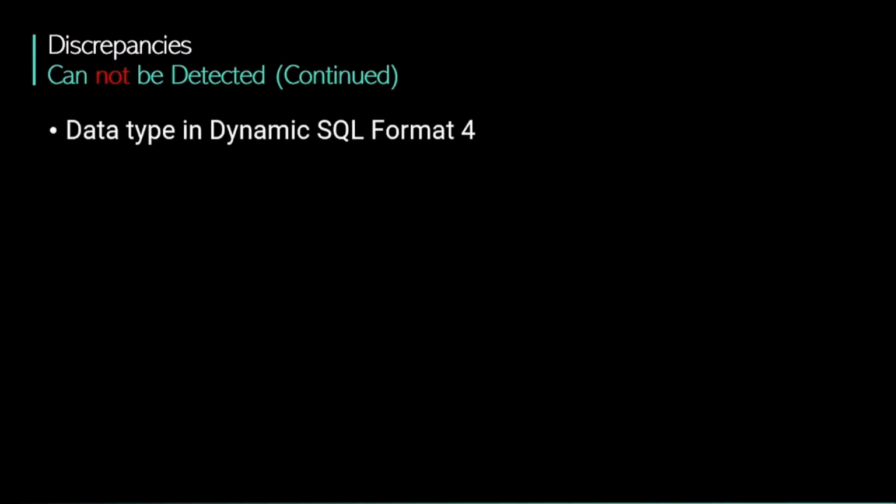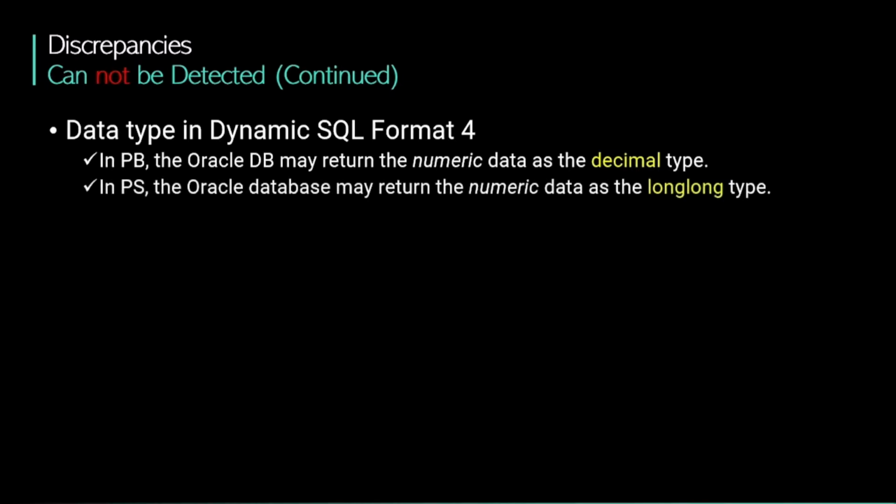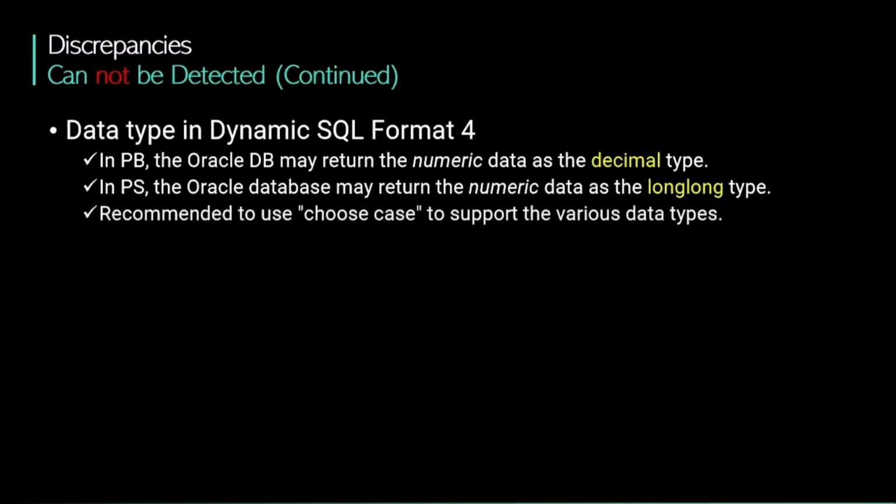The data type in a dynamic SQL or format for SQL statement. In PowerBuilder, the Oracle database may return a number, for example, a decimal data type. In PowerServer, the Oracle database may return a numeric value instead, which is a long. So in a dynamic situation, how do you figure that out at runtime? Just add a choose case.